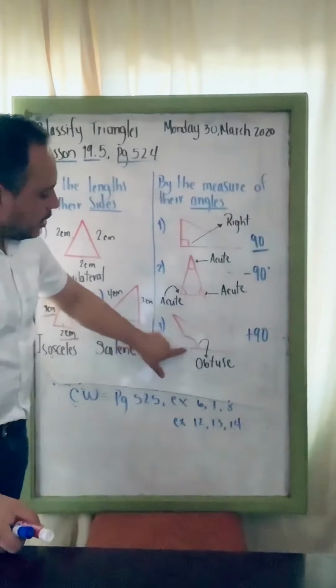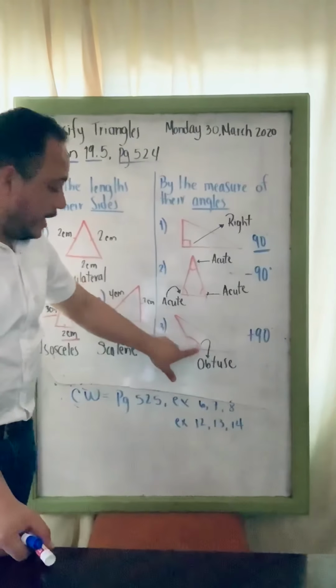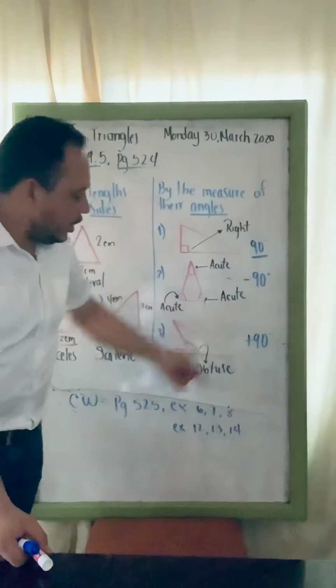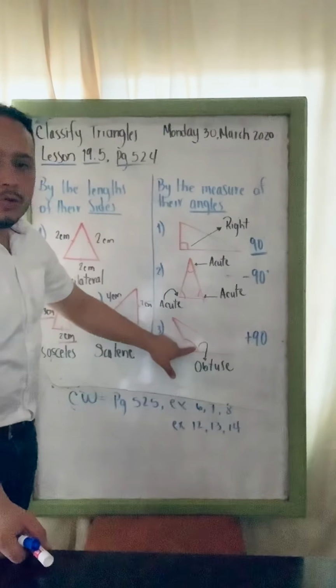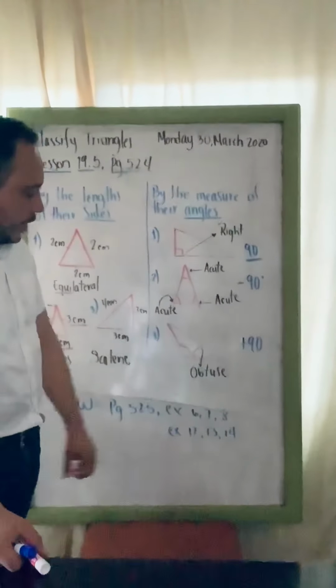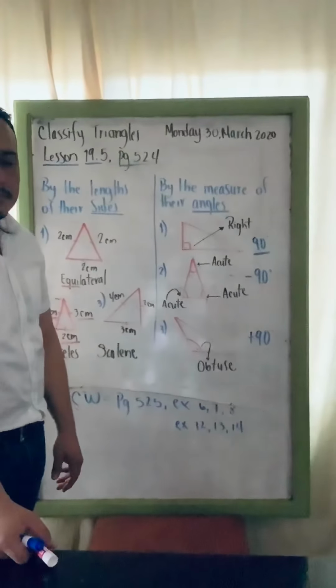Here we have an obtuse angle, which obviously measures more than 90. So this angle gives the name of the triangle, and it is called an obtuse triangle because of that.